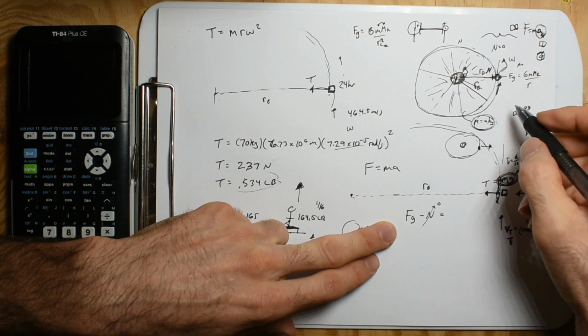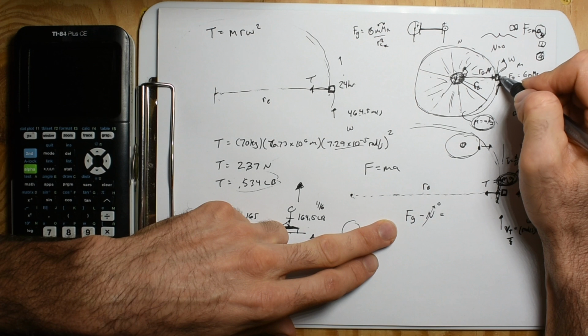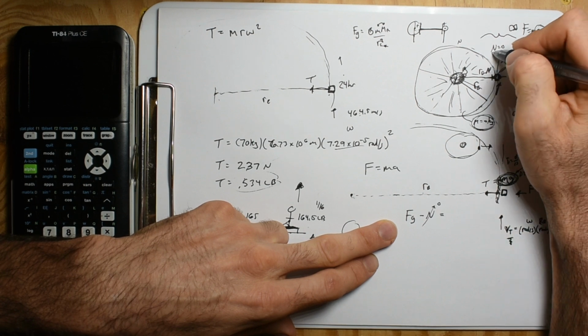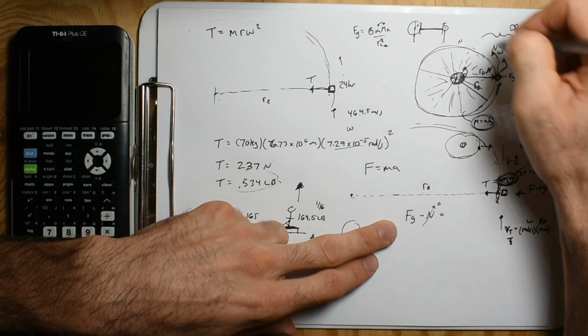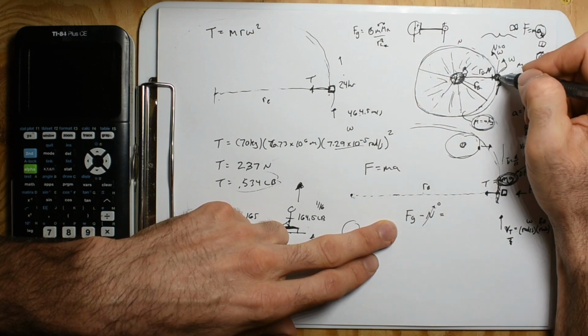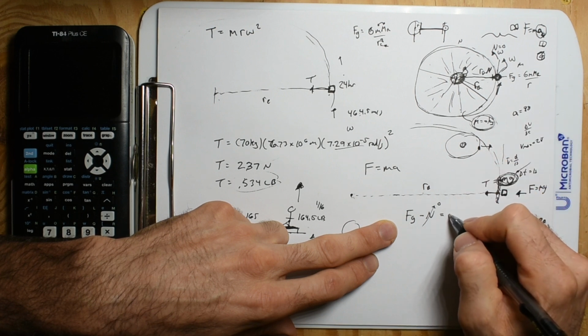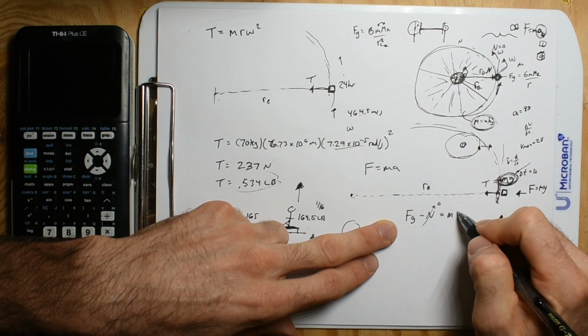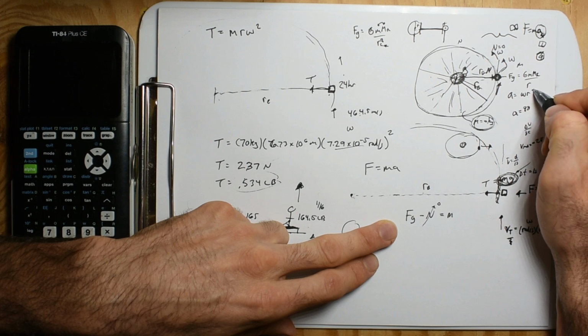All right, so that's going to be this side, because that's the only acceleration that we observe. We are going at a constant speed around a circle, we're not increasing our speed. So that's the only acceleration in this example. So we have our mass times that acceleration, and that acceleration by definition is omega squared r.